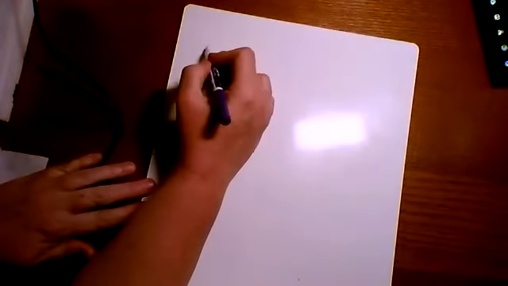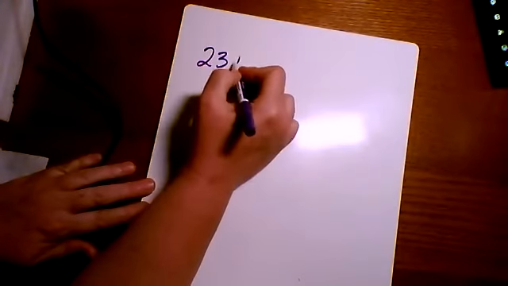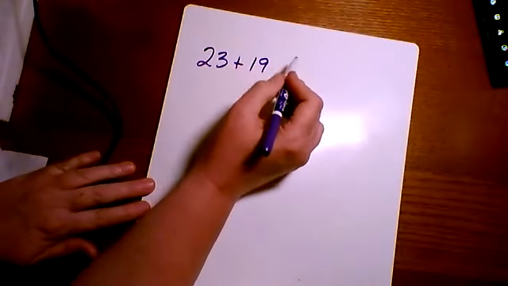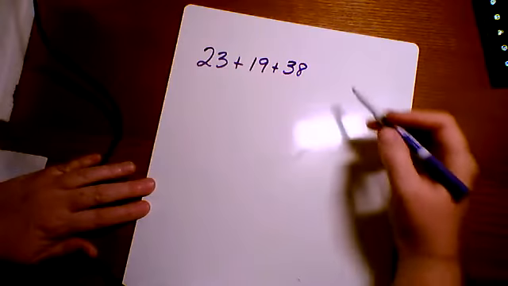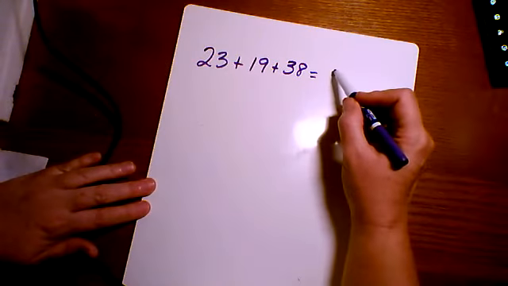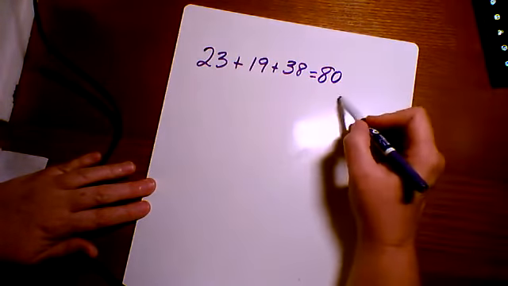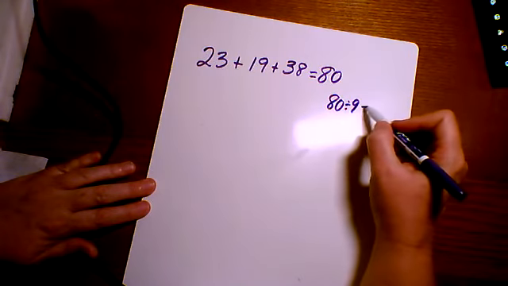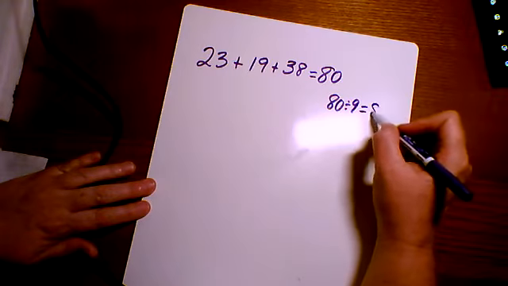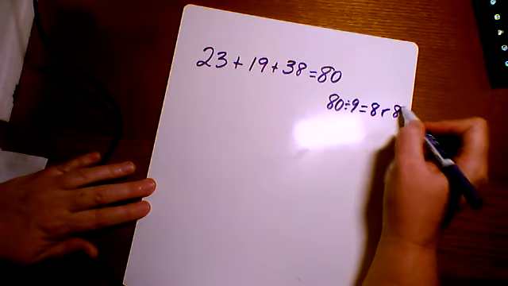So let's go ahead and review what that looks like. Alrighty, so for example, we have 23 plus 19 plus 38 equals 80. And if we say 80 divided by 9, we get 8, remainder 8.